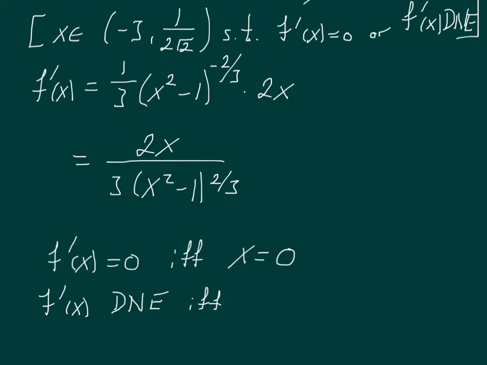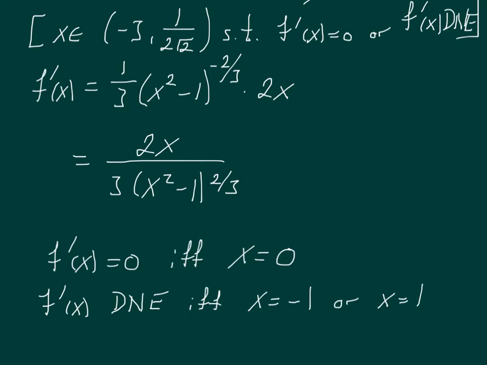So f prime of x doesn't exist exactly when (x squared minus 1) to the 2/3 is 0, which happens when x squared minus 1 is 0, which happens when x is either plus or minus 1. So if and only if x is equal to minus 1 or x is equal to 1.